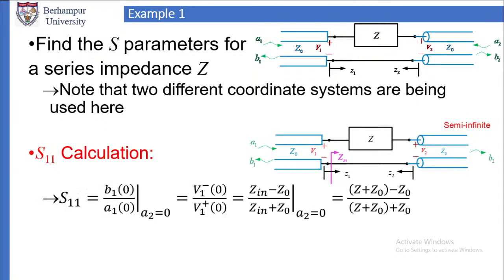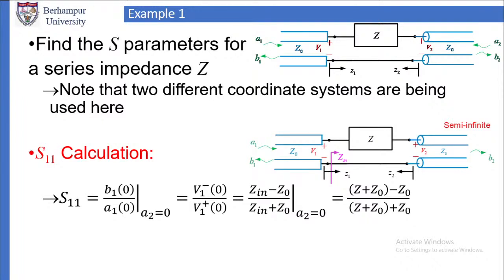Okay. Now S11 by definition is B1 by A1 when A2 is equal to 0. A2 is equal to 0, B1 by A1. Now 0 represents the reference point, that you can write also as we have seen for the non-normalized case, V1 minus by V1 plus. So B1 by A1 or V1 minus by V1 plus.